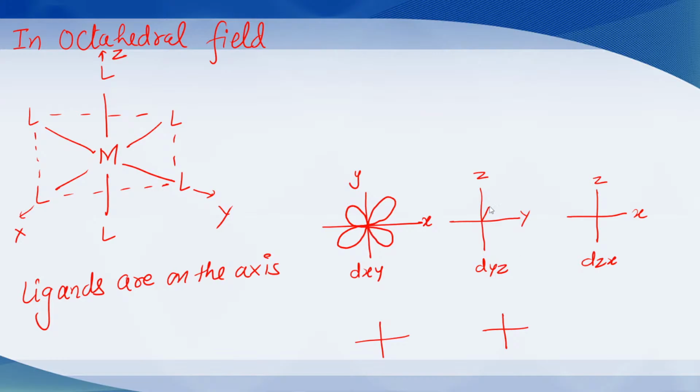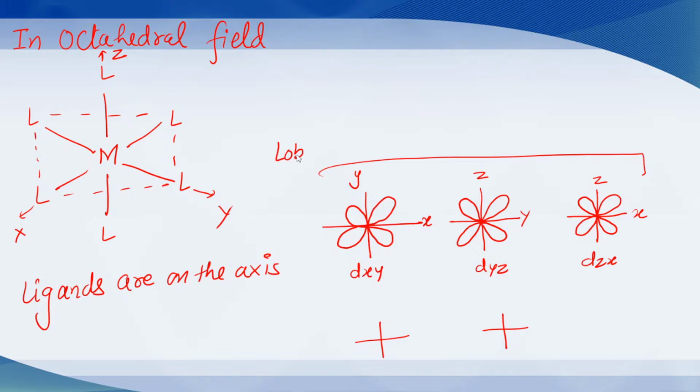dyz, lobes are in between the y and z axis. dzx, lobes are in between the z and x axis. So in these three, dxy, dyz, dzx, lobes are in between the axis.